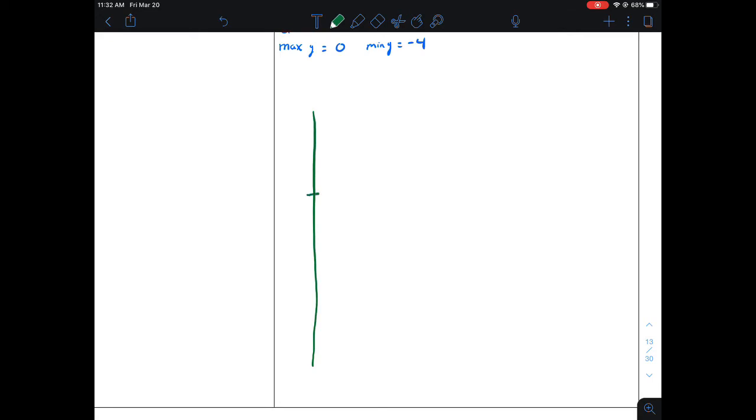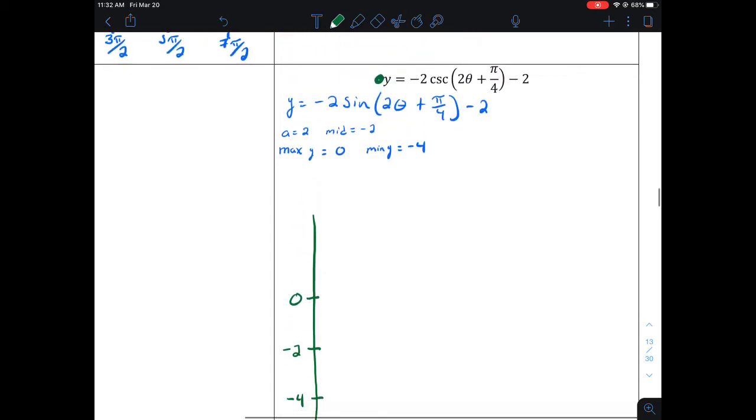So 0, negative 2, negative 4 is my vertical scale. For sine, again, I leave myself room because cosecant is going to have unbounded behavior.